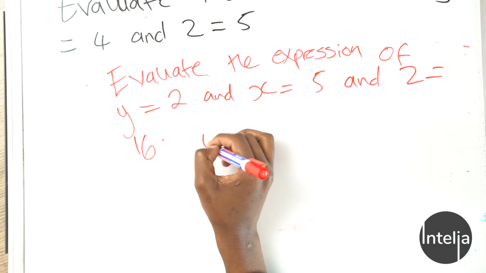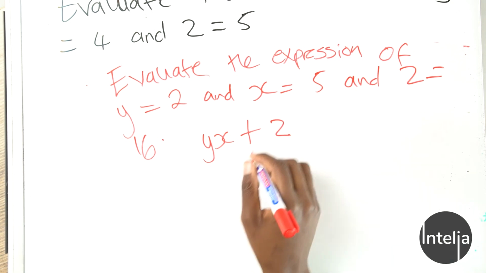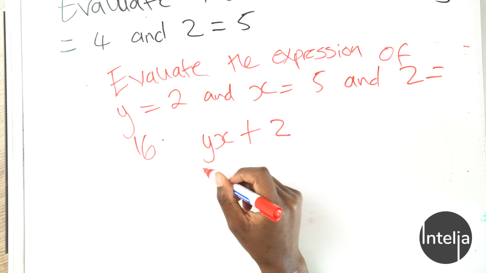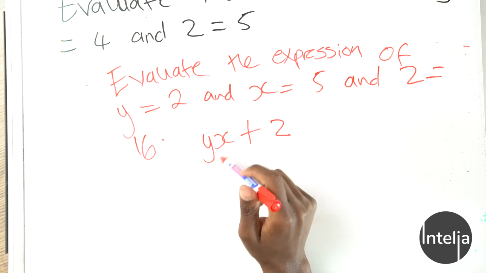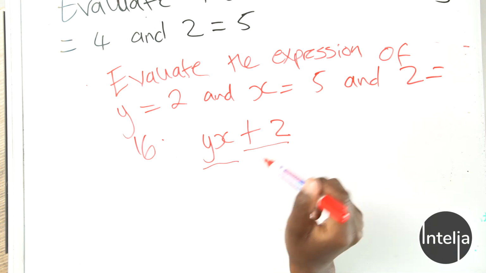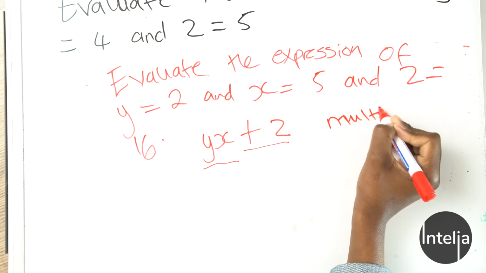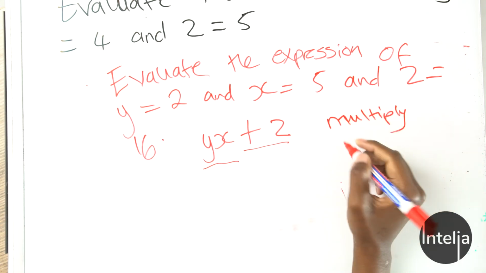Then it says yx plus z. Remember, we have to know the keywords here. We have yx and plus z. So what do they mean? You have to multiply. You multiply and then you add.